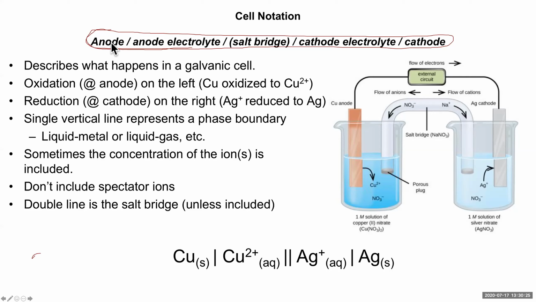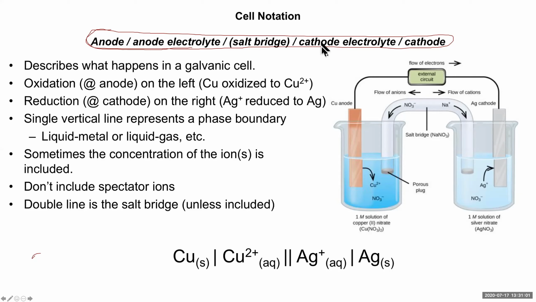So if the anode is graphite, then usually the electrolyte may have two soluble substances that are undergoing oxidation and reduction. So if you have two electrolytes or two soluble salts that are, say, Fe3+ going to Fe2+, that would be reduction. Well, reduction's on this side. But if you have Fe3+ going to Fe2+, you would put the Fe3+, comma, Fe2+, and you write them in the order that the change is occurring.